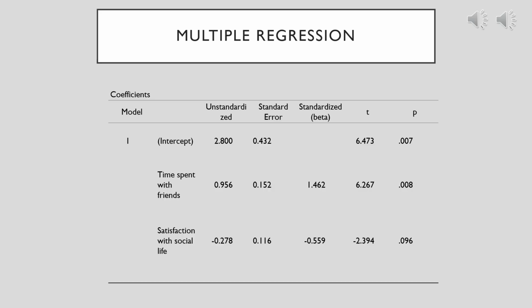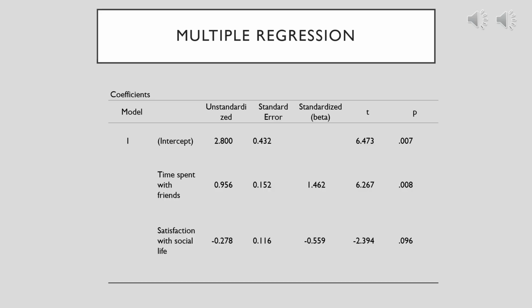Let's walk through what these numbers are saying. The unstandardized regression coefficient of 0.956, that is the slope, that's B. And so what that's saying is for every 1 hour increase in time spent with friends, we would expect happiness to increase by 0.956. And that's 0.956 in the original units of whatever scale we measured.